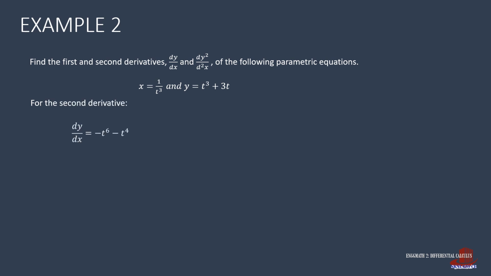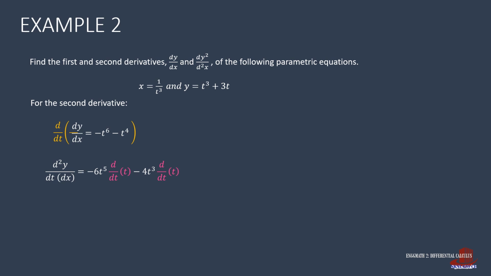Moving on to the second derivative, where we use dy over dx of negative t raised to 6 minus t raised to 4. The derivative is again with respect to t. So the second derivative of y with respect to t and x is then negative 6 times t raised to 5, then attach dt over dt from chain rule.